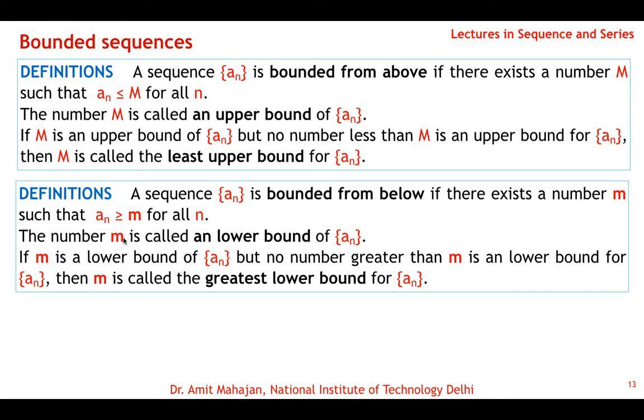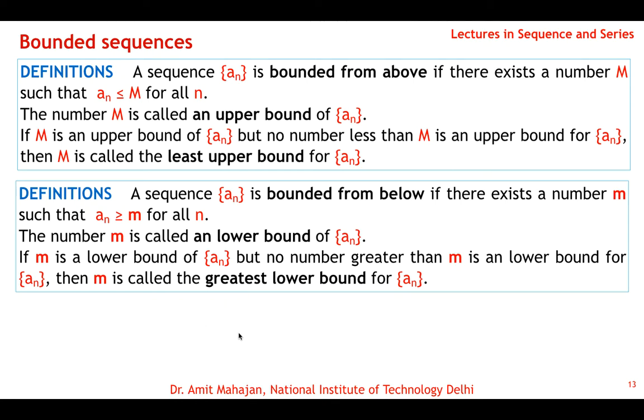And if there is no other lower bound which is greater than this, so if m is a lower bound of a_n but no number greater than m is a lower bound for this sequence, then m is called the greatest lower bound of the sequence. So if you have infinite lower bounds, then the greatest one will be called the greatest lower bound of the sequence.